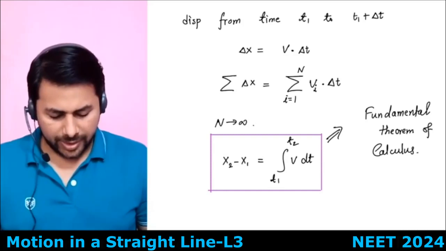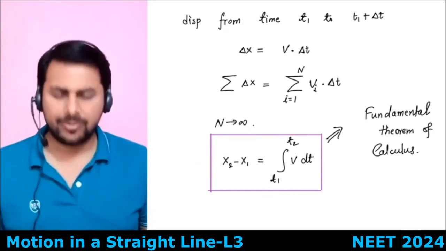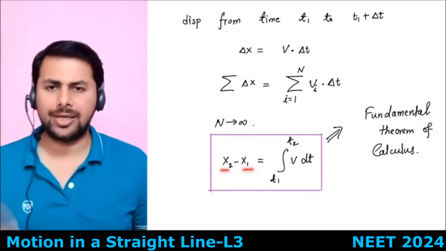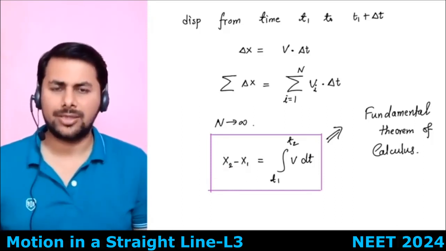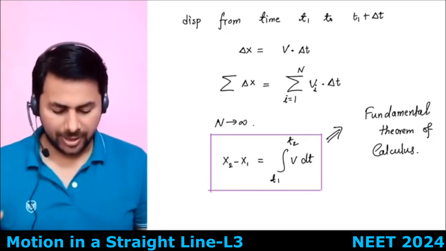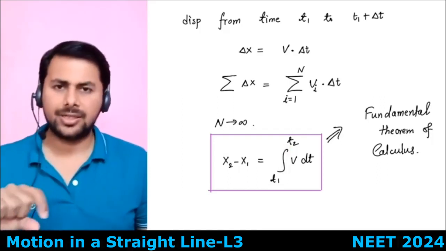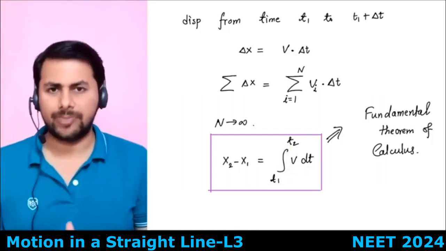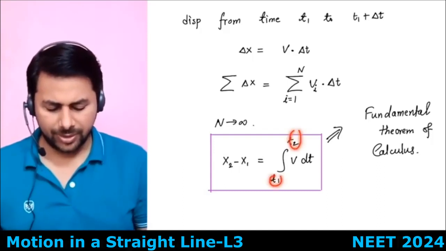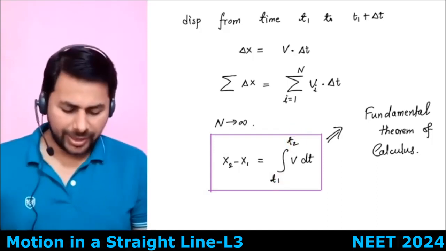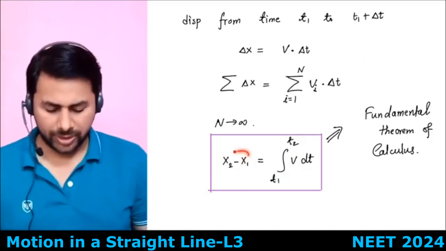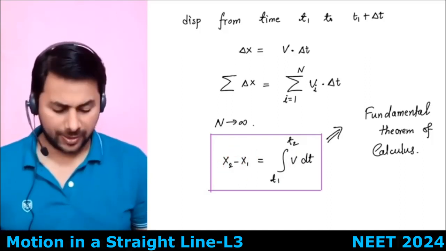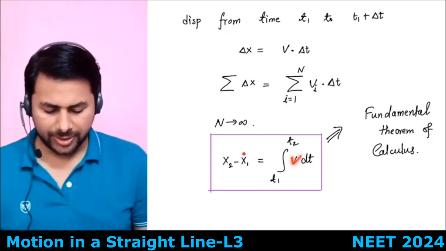So see, what does this theorem tell you? x2 minus x1 is the displacement, the change in position. And displacement is the integral of velocity with respect to time, from time t1 to t2. But then what is the relation between velocity and position?